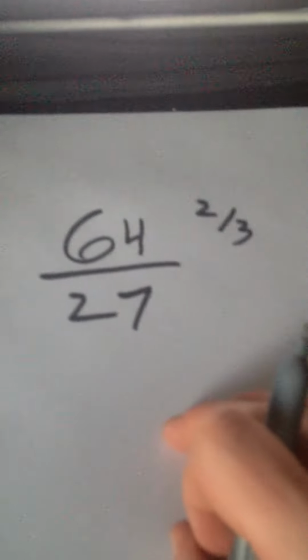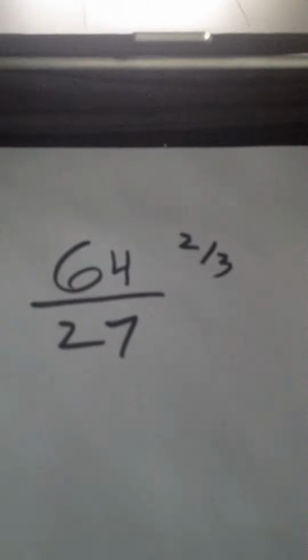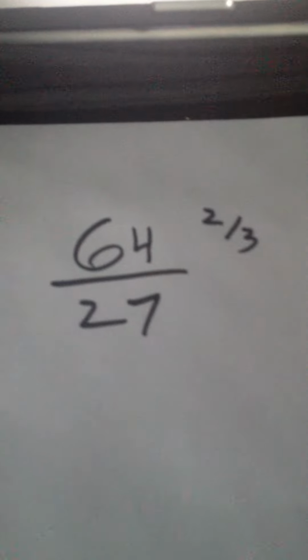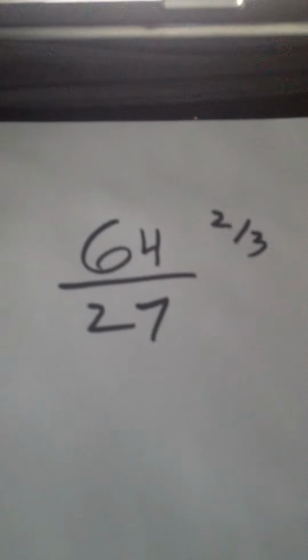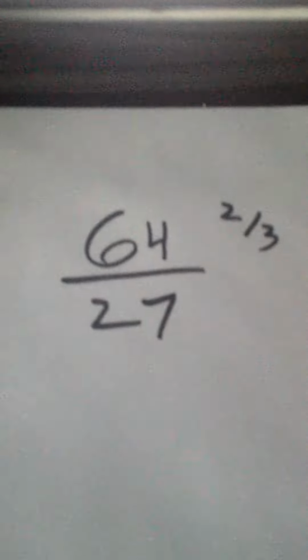Okay, so if you are understanding this, you might be wondering what to do if there isn't a negative. So basically you just skip the entire flipping it to its reciprocal step, and you're just left with 64 over 27 to the positive 2/3.